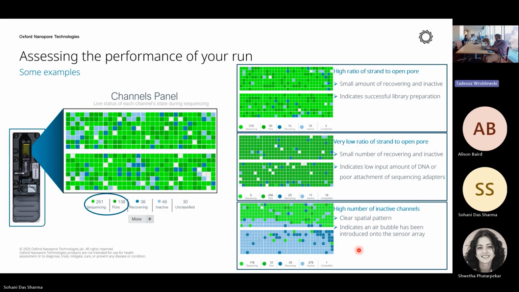Sometimes, if you take the flow cell, you will be able to see if there is a big air bubble that is visible. Otherwise, here also you would be able to see. For us, it did not happen. It was quite happy yesterday.